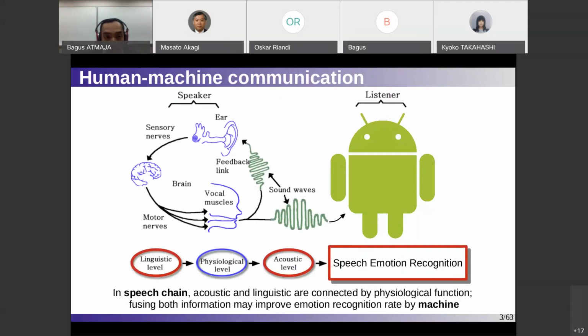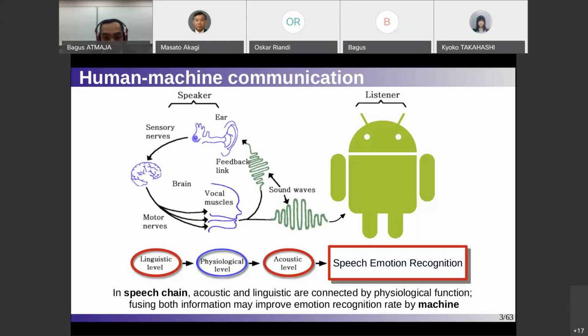We think what we want to say and put it into linguistic form, and then the brain sends this message to the vocal muscles along the motor nerve in the form of impulse signals. Then our vocal organs like the tongue, lips, and vocal muscles make movements, sound is generated, and the sound is received by a machine or computer.